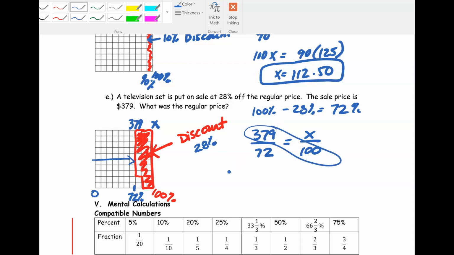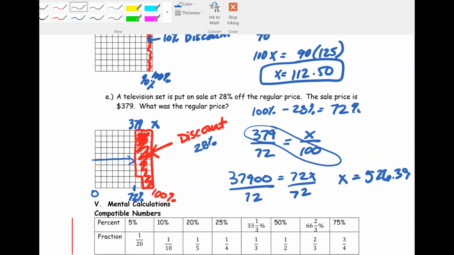And then we can cross multiply, divide both sides by 72. And then we end up getting $526.39.